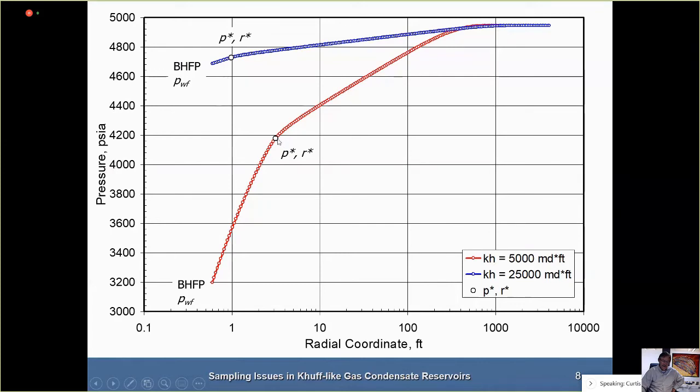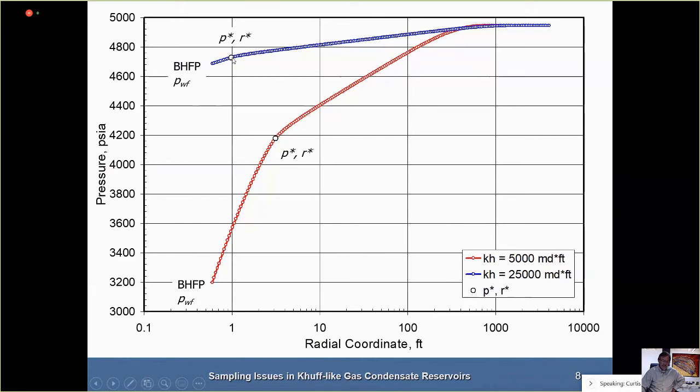Okay, and we can identify this radius here because we just look at the dew point of the producing mixture at a given time. That gives us the P star. We go into the model and see where the P star exists. You were asking about the distance. These are just for short-term testing in the range of 1 to 5 feet.